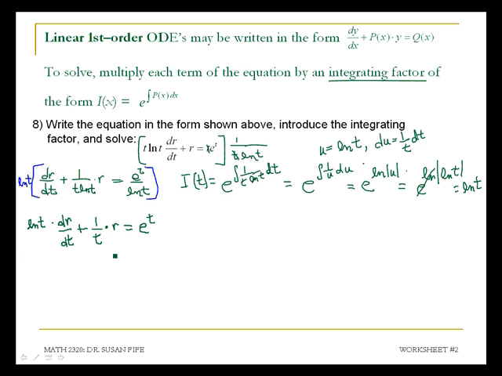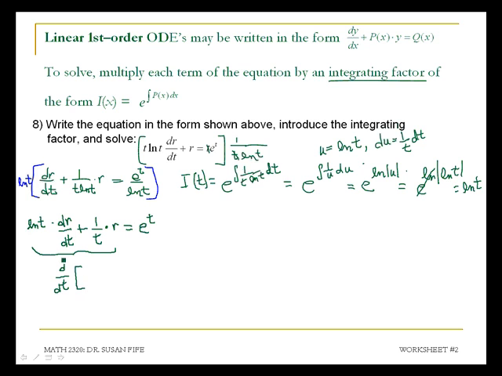Now this equation that we're left with still may not look real nice, but when you have a linear first order ODE, after you introduce the integrating factor, it's going to leave you with the left side of the equation so that it can be written as a single derivative with respect to t.